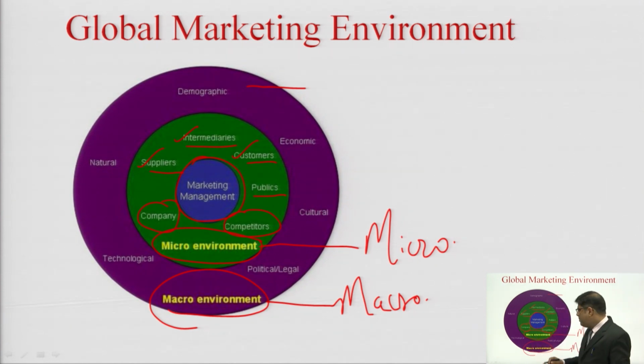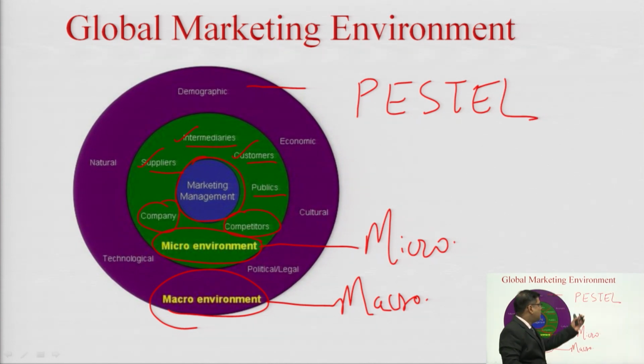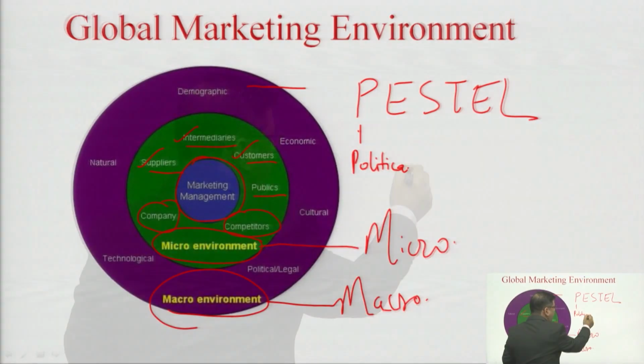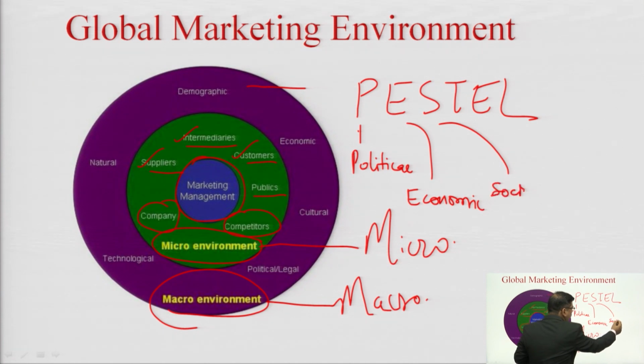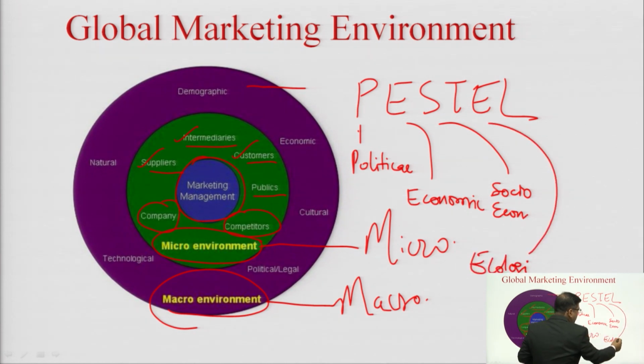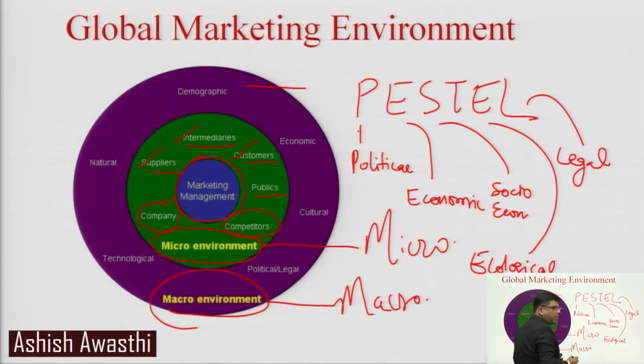While when we talk about the macro environment, we talk about an acronym called PESTEL. This acronym PESTEL stands for: P, political environment; E, economic environment; S, socio-economic environment; T, technological environment; E, ecological environment; while L stands for the legal environment.